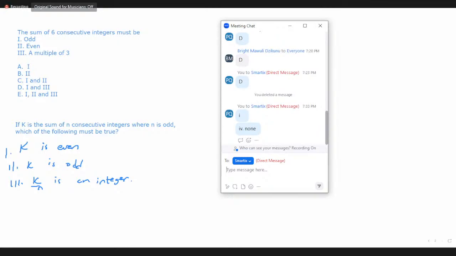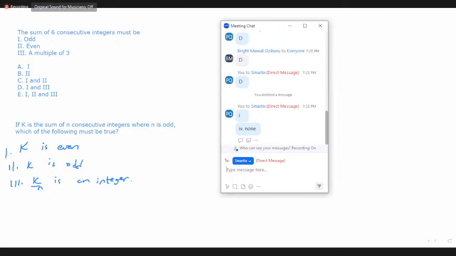So you guys were right in realizing that K could be even or odd, so both I and II are wrong. Now the last one, in fact, that's just a restatement of the statement I made to you, the last statement you asked me to repeat.